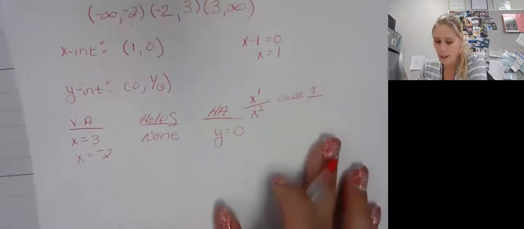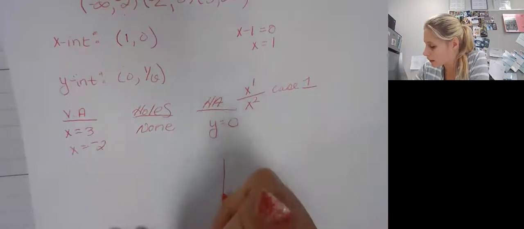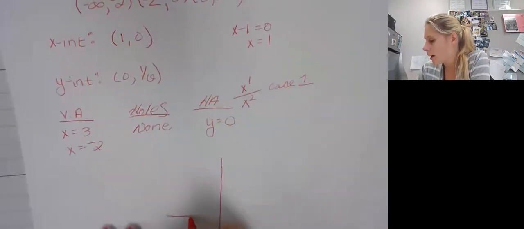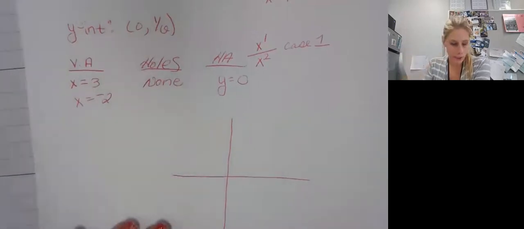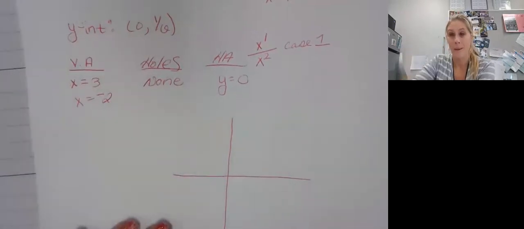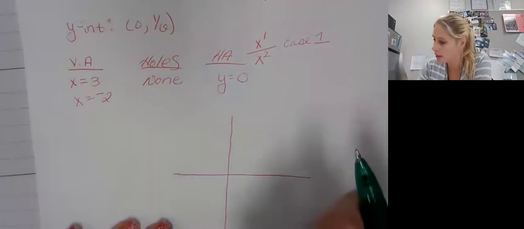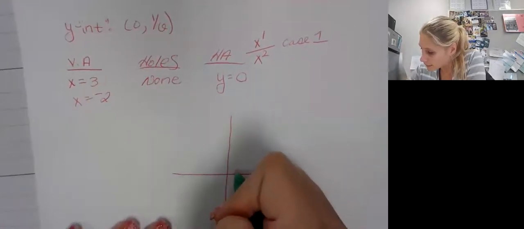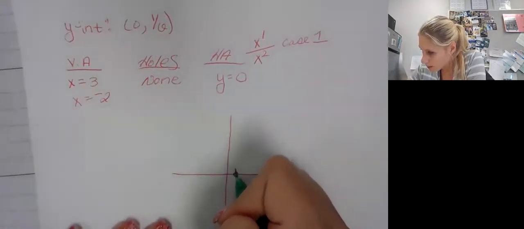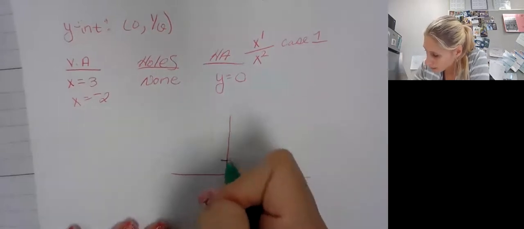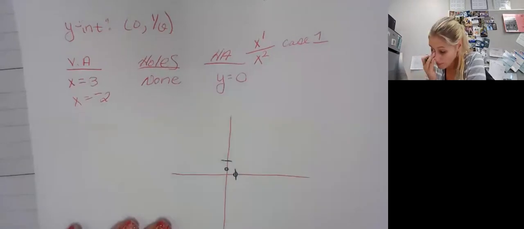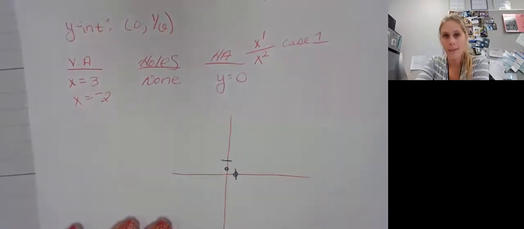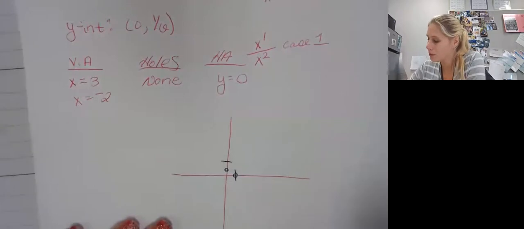What we're going to do right now is sketch everything we have on our graph for now. And then next time, we are actually going to sketch the whole graph. All right, so our x-intercept's at (1, 0). Our y-intercept is at 1/6. I'm just going to do that there. We have a vertical asymptote at 3.